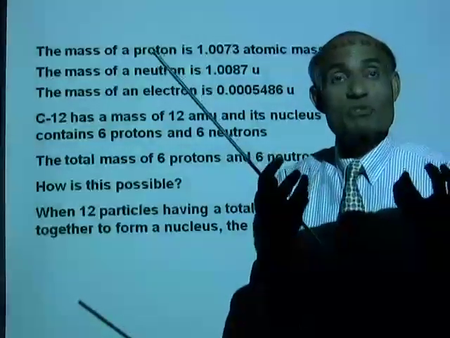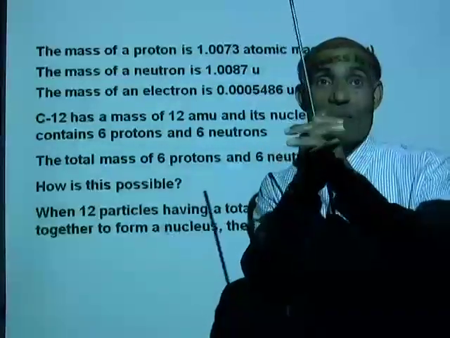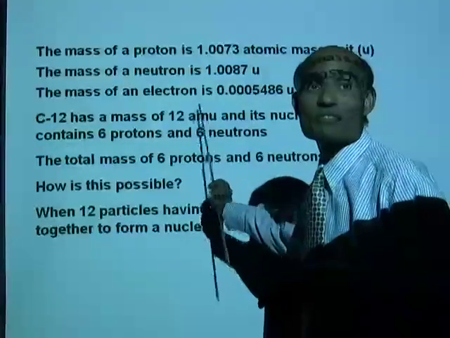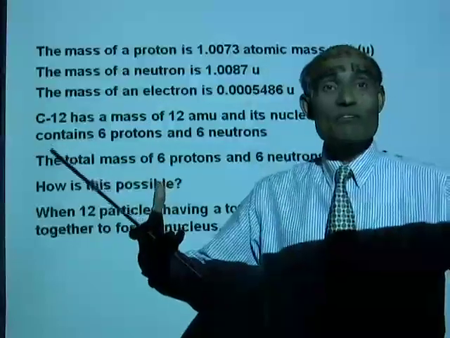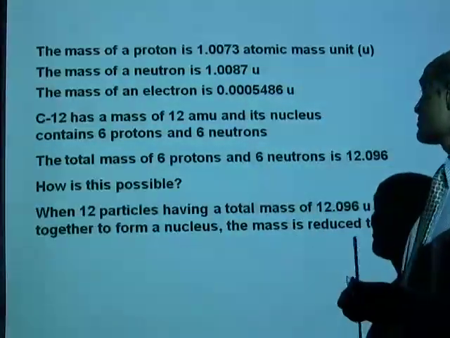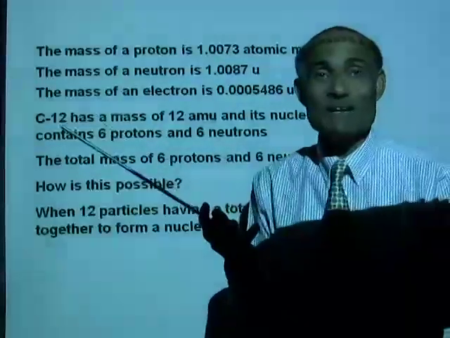You know that carbon-12 consists of 6 protons and 6 neutrons, and the total mass of carbon-12 is 12 atomic mass units. But you take these particles separately and find their mass, the total mass is 12.096 atomic mass units. What does it mean?